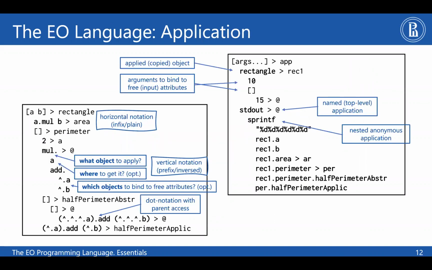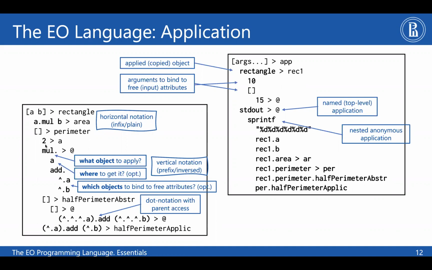Syntactically, the application is quite wide and broad because it has two different syntaxes, like horizontal notation, also referred to as infix or plain, like here A mul B bound to area, which means A times B. This is horizontal notation: object dot its attribute and parameter.